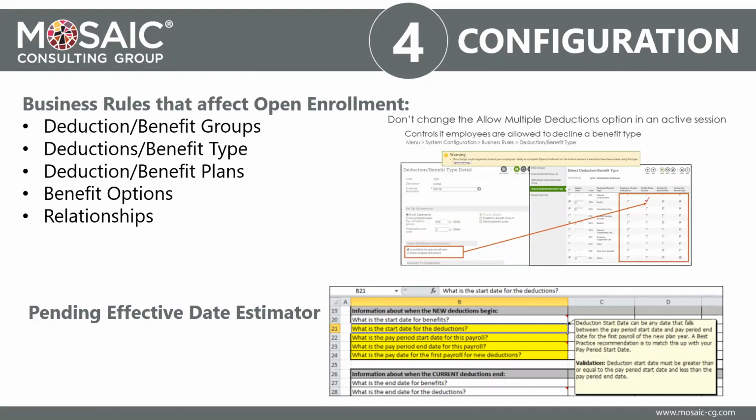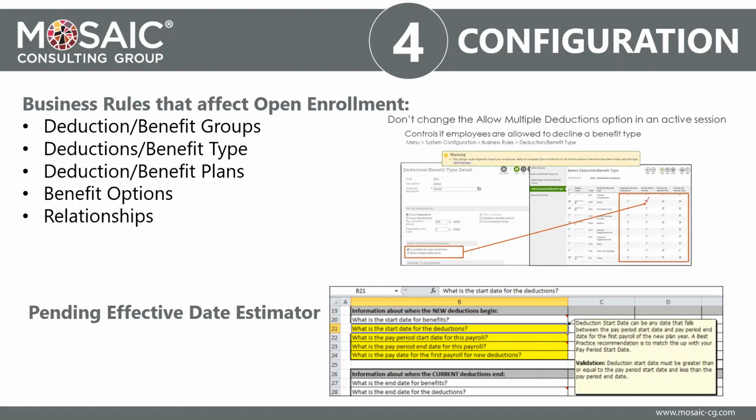It's really hard to say without using the pending effective date estimator. If you download that file and type in all of those dates, it'll ask you for the last payroll of your current year, your benefit and deduction start and stop dates, and your payroll deduction start and stop dates.